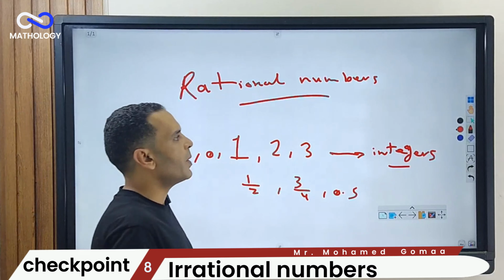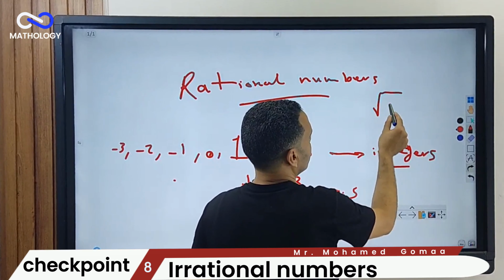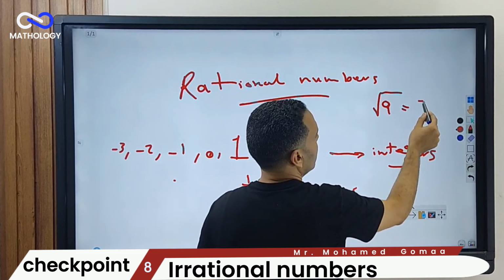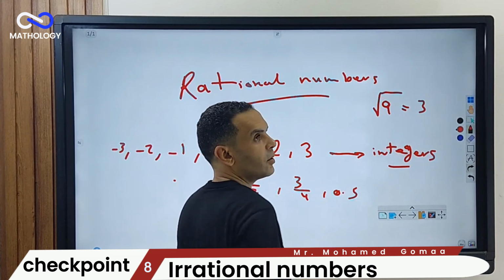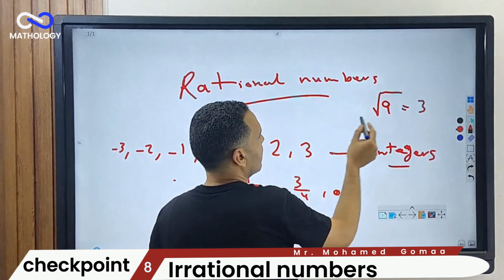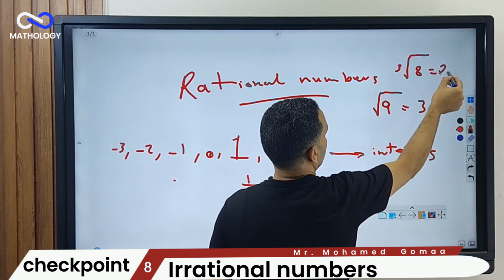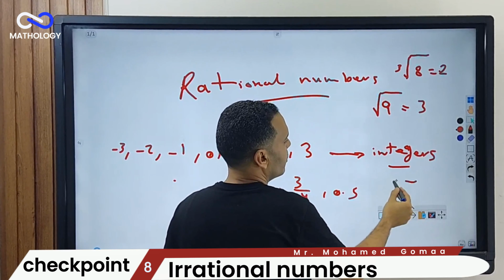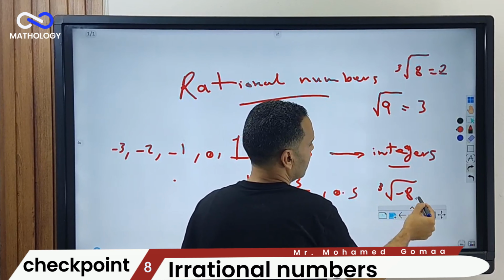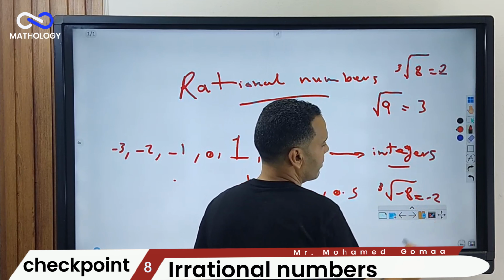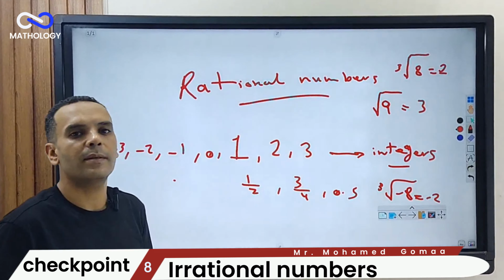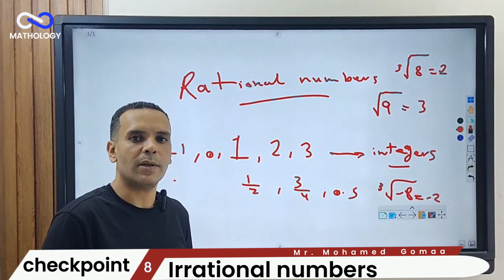Okay, what about the square root of 9, which equals 3, an integer? What about the cube root of 8, which equals 2, or the cube root of negative 8, which equals negative 2? All of these numbers are called rational.